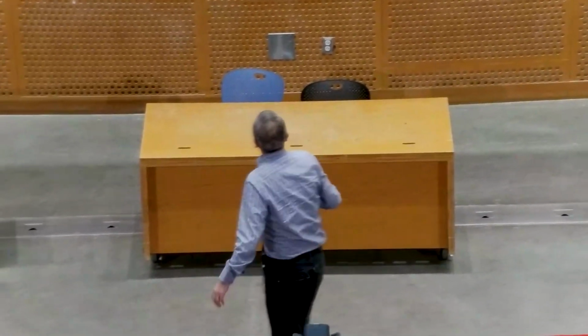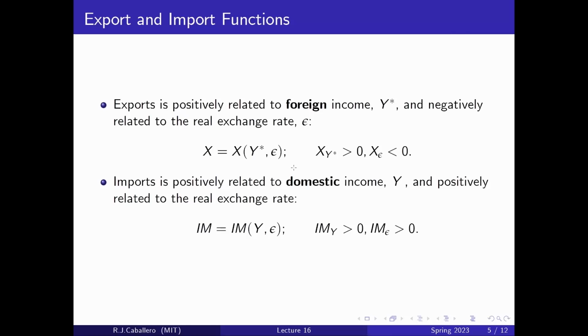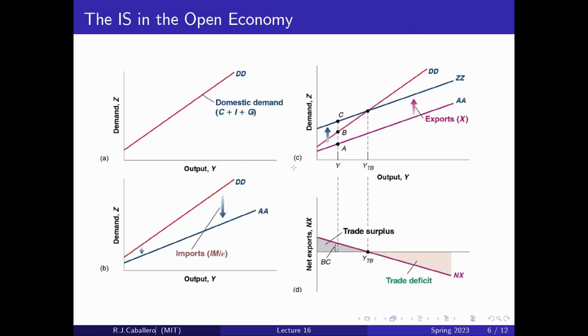That's what I'm plotting here. This is the net export function. The net export function is simply exports minus imports divided by the exchange rate. It's a decreasing function of output. Why is that?